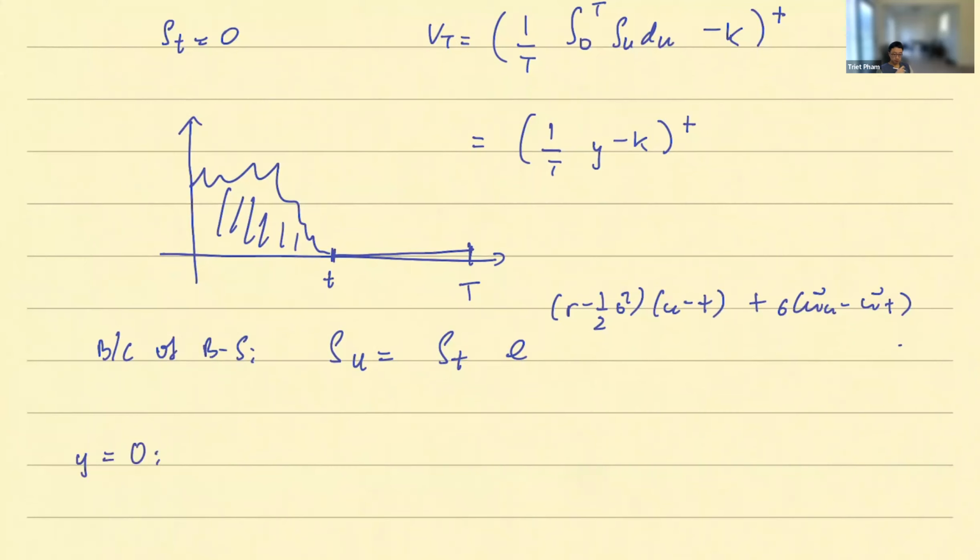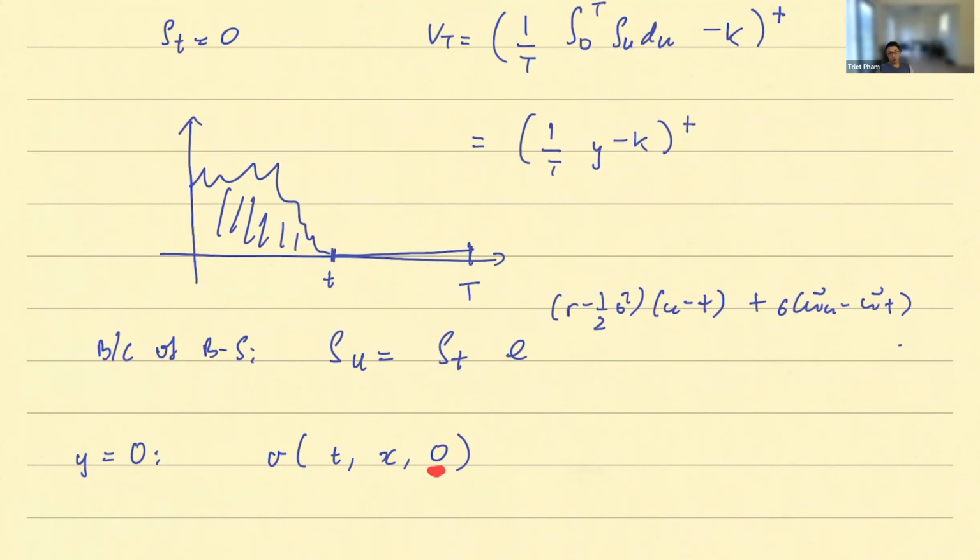How about the other one? So this one is a little bit bizarre, right? I mean, y equal to 0. So you do V(t,x,0). Now, it's bizarre in many ways.